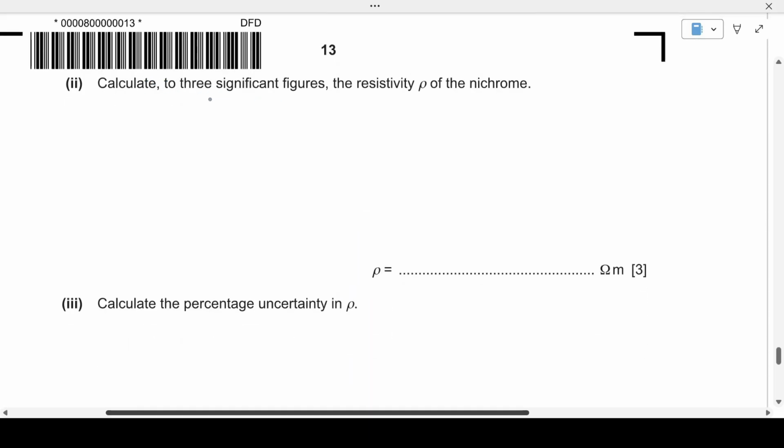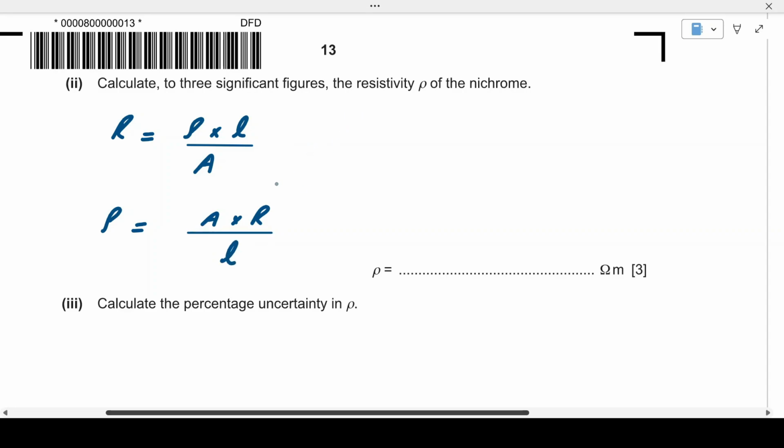Calculate to 3 significant figures the resistivity of the nichrome. Formula is this. Resistivity is rho, area times the resistance divided by the length. Make sure we insert the proper units.